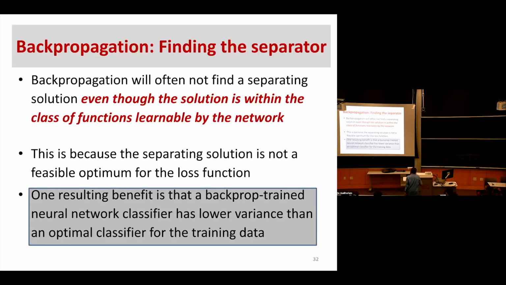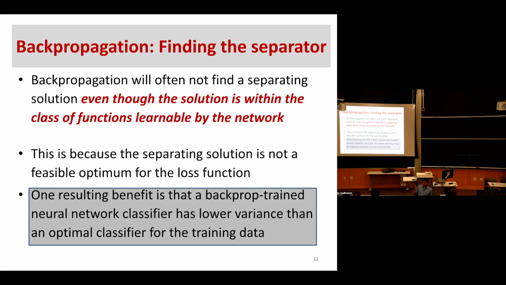So backprop will often not find a separating solution, even though the solution is within the class of functions learnable by the network, right? Like in the case of the linear separator. And this is because the separating solution is not a feasible optimum for the loss function that we are looking at. The loss function for backprop is not classification error, it's a proxy to classification error, and where it has a minimum may not be where the classification error itself has a minimum.